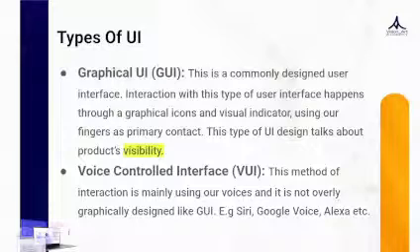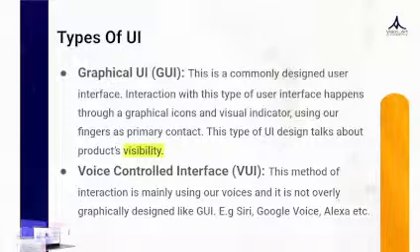The interface you see, your WhatsApp, your Facebook, any mobile app, any platform, any website, that is our common UI. That's our graphical UI. It has interactions like graphical icons and indicators, and we use our fingers to interact with it. That's a graphical UI.